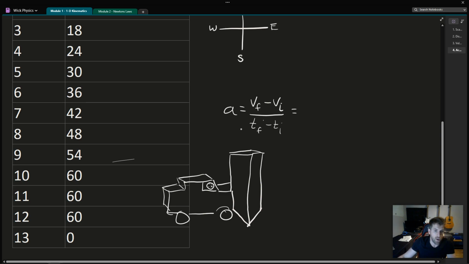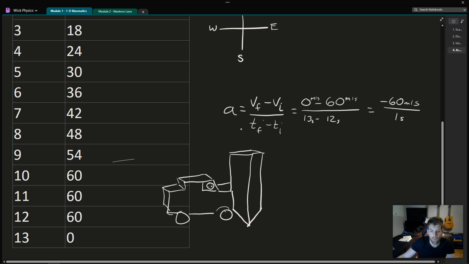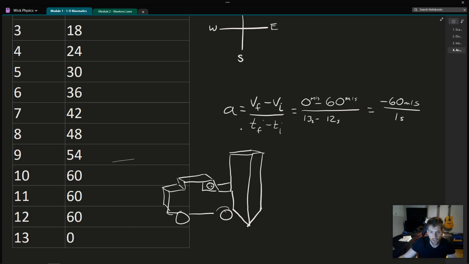And in that time period, the final velocity was 0 minus 60. And the time from 12 to 13, 13 seconds minus 12 seconds, that's going to be negative 60 meters per second in 1 second. Okay, that's devastating. That's an insane change.